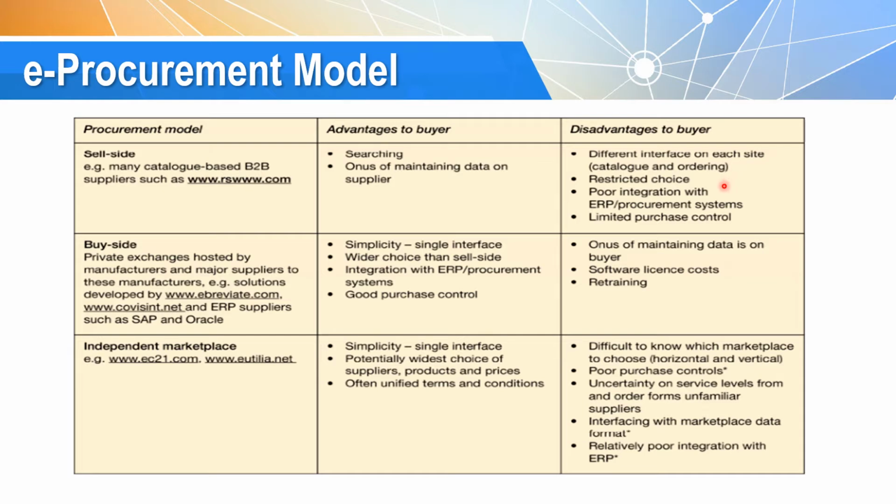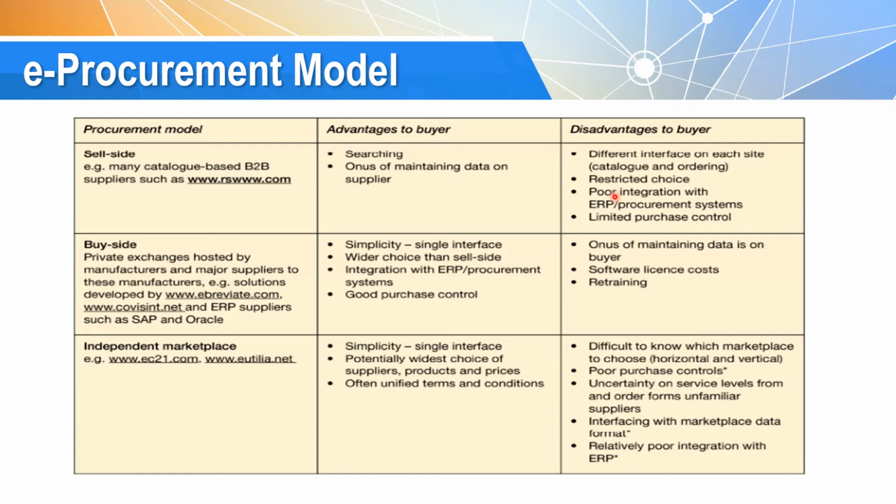Restricted choice. Okay, kenapa restricted? It's depend on what that seller jual je lah. Tak boleh lah nak cari, contoh saya nak beli kerusi office, saya nak beli non-production material, saya nak beli kerusi office. So kalau guna seller site, okay, each site will provide apa yang company tu jual sahajalah.